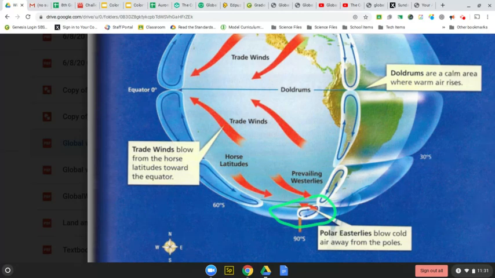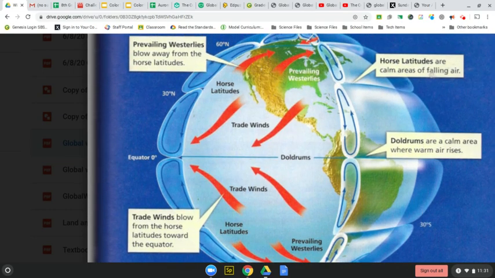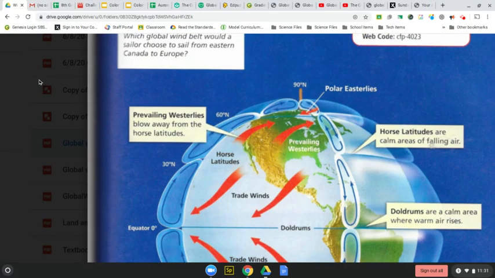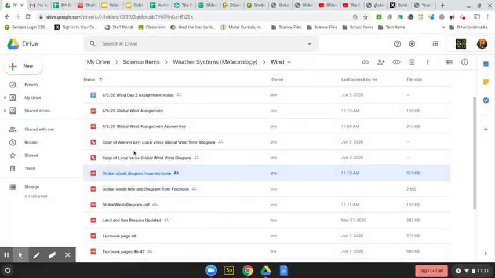Okay, so we've covered both of those. Now, for today's assignment, this is actually a diagram from the textbook. I'll attach it to Google Classroom today if you need it. But today's assignment, I'm going to go into my drive. Bear with me for 1 second. I'm going to bring up another file.